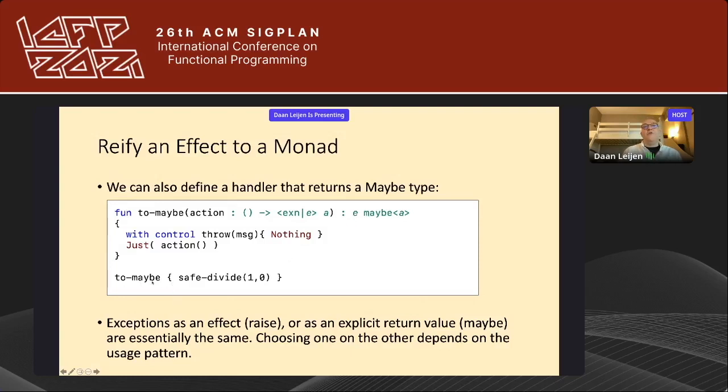And you can call toMaybe with safe divide 1 0, and here the action is like the anonymous lambda again that we pass in. And you can see in the typing that we used to have exception E, but we handle the exception in the action. So we only have E as the final result of toMaybe. But now we have a maybe type, right? So we switch from the effects to the value world.